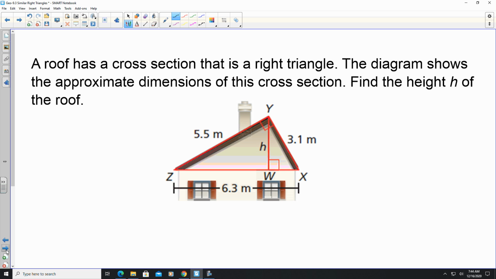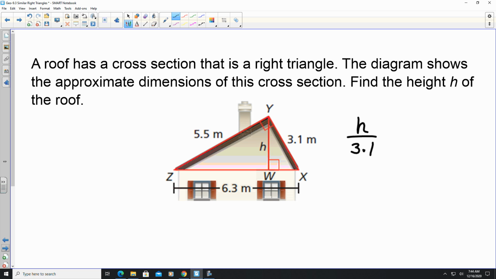So using that large triangle is going to be very helpful. Now, looking at the small triangle, you're trying to find H, which is the long leg, but you're also given the hypotenuse in this particular triangle. So what I'm going to do is say, okay, I'm going to write this as a proportion of H over 3.1.